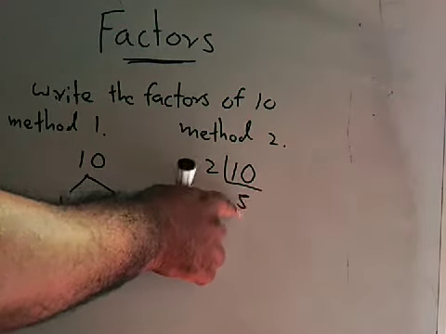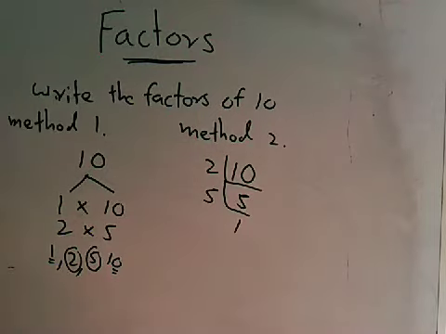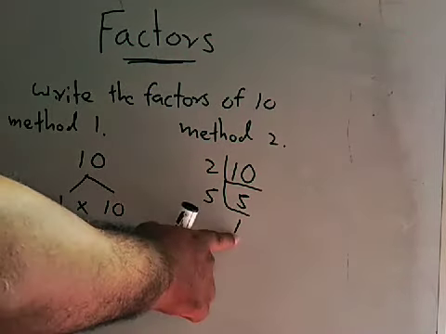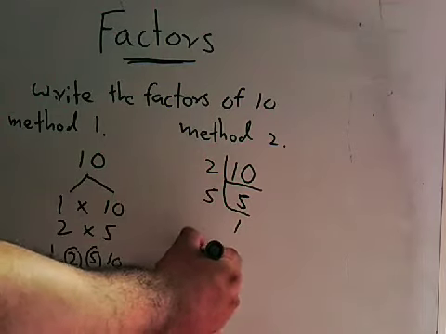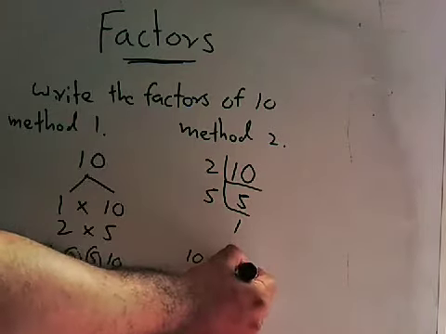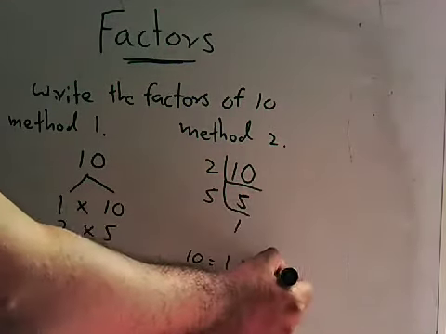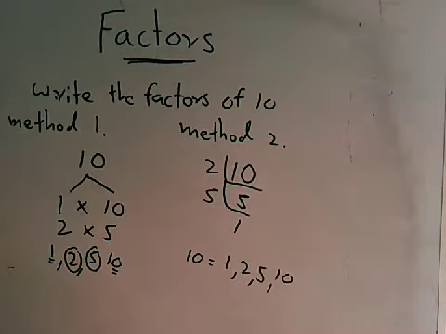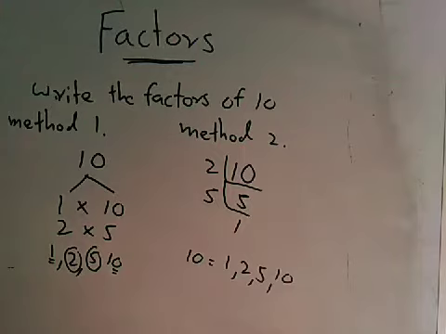Then 5 divided by 5 is 1, and 1 remains. Now the factors of 10 are: here 1, then 2, then 5 and 10. There are 4 factors of 10: 1, 2, 5, 10. Understand?